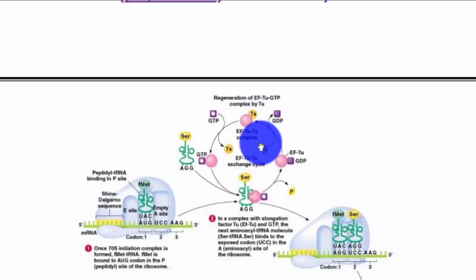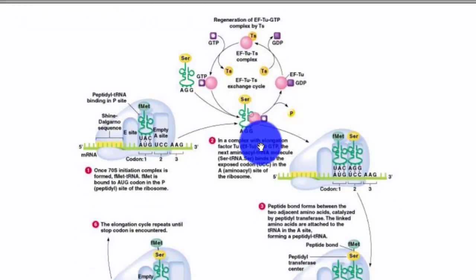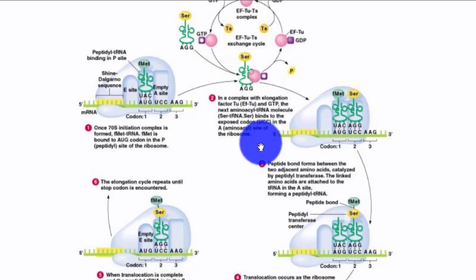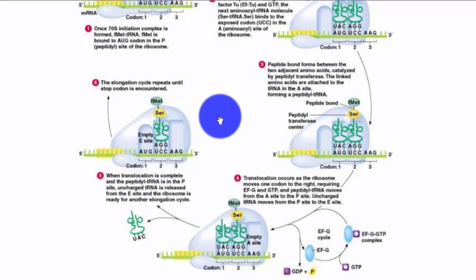A polysome, multiple ribosomes, simultaneously translates a messenger RNA. The 70S initiation complex in a complex with elongation factor, and a peptide bond is formed between the two adjacent amino acids.